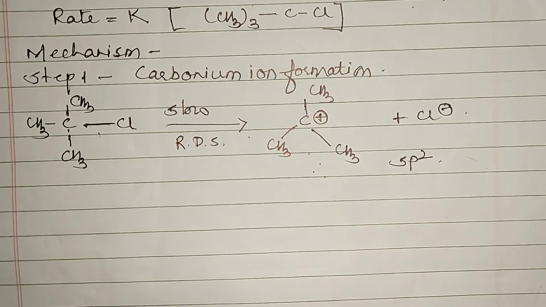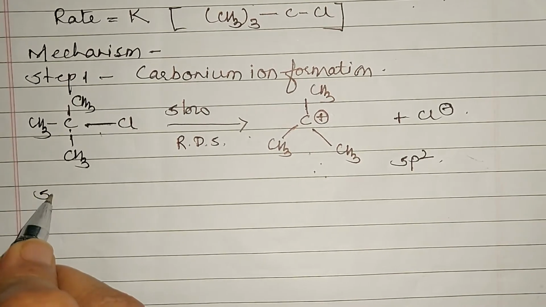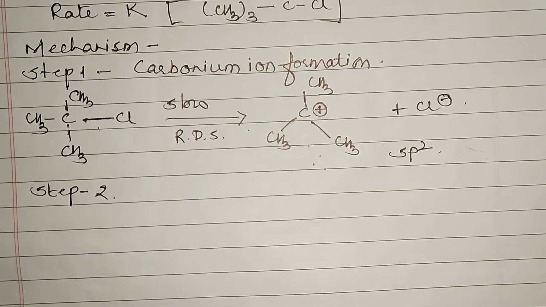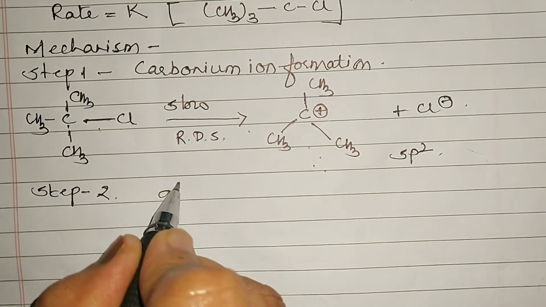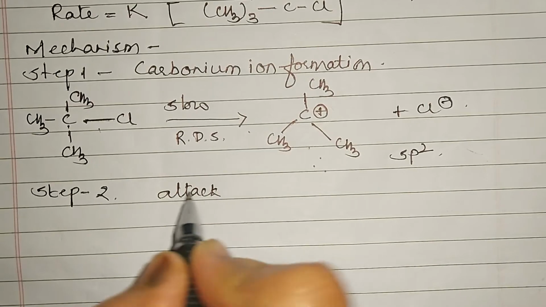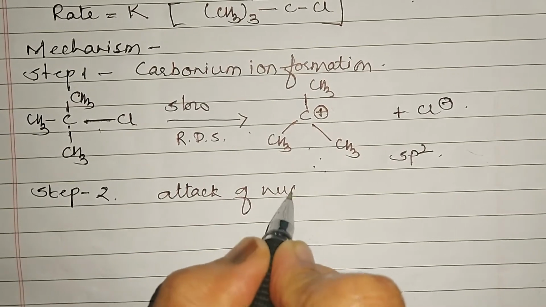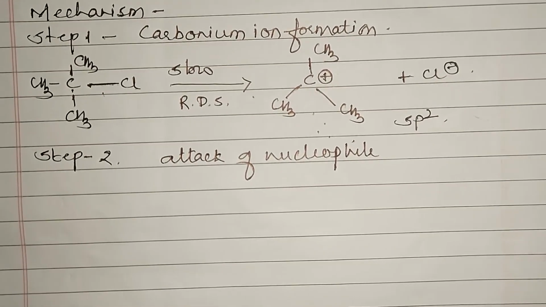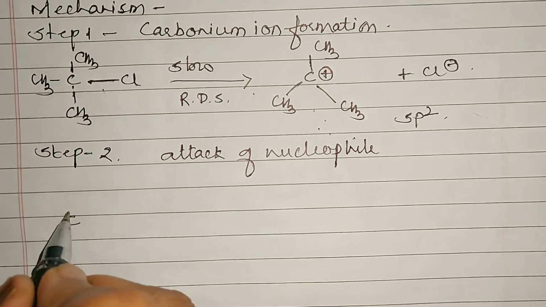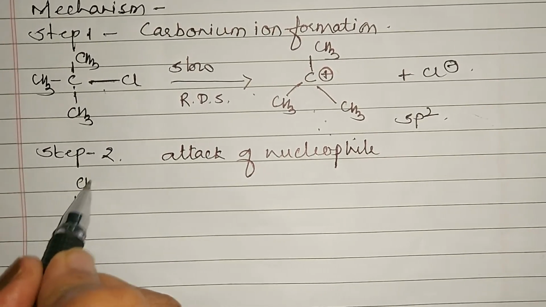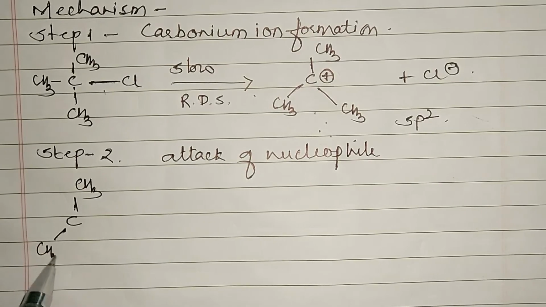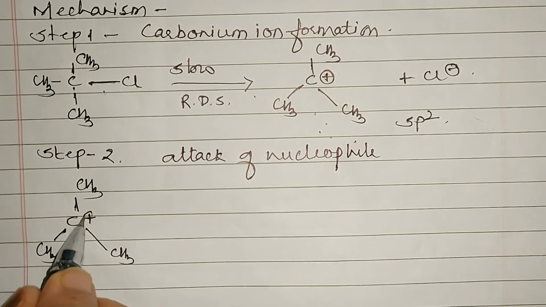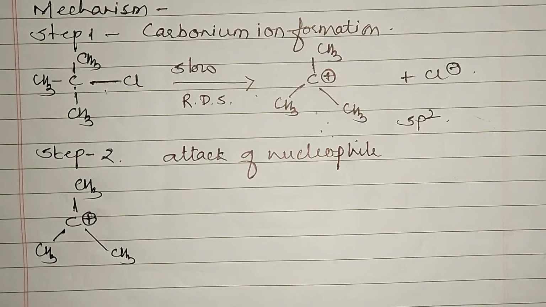Now in the second step, step 2, the attack of the nucleophile occurs. This carbocation, which is formed in the first step, is a planar positively charged ion.